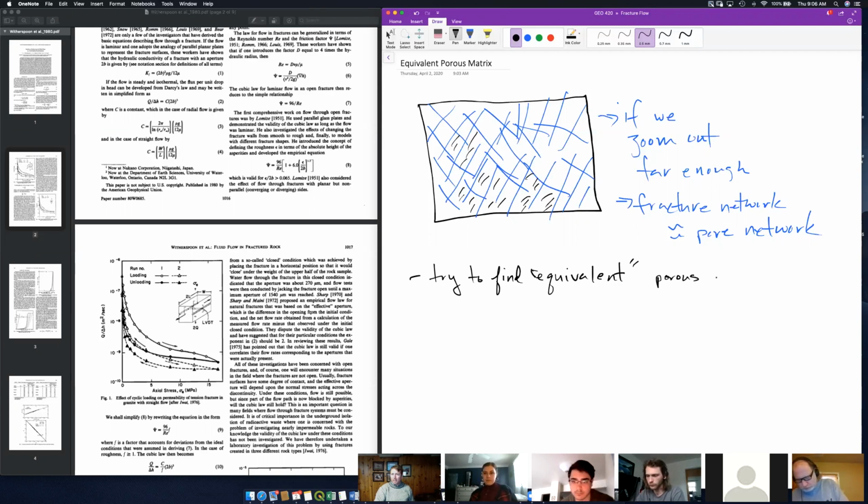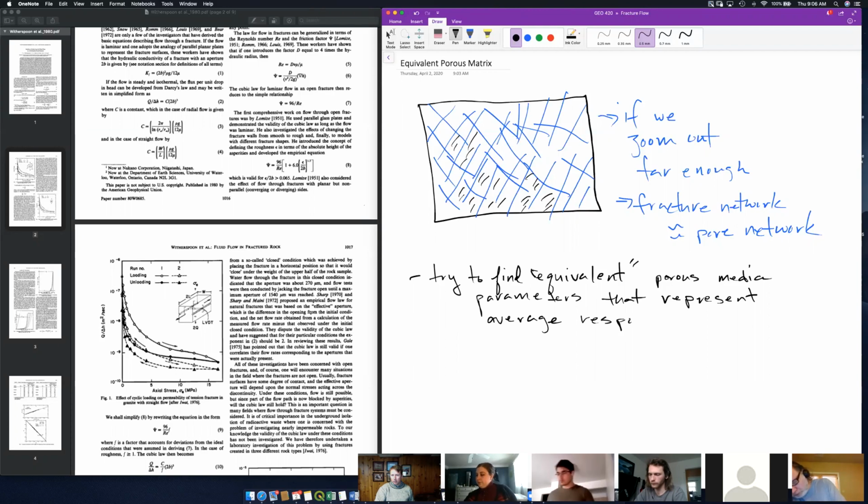So we try to find equivalent porous media parameters that sort of represent the average response of our fracture network.